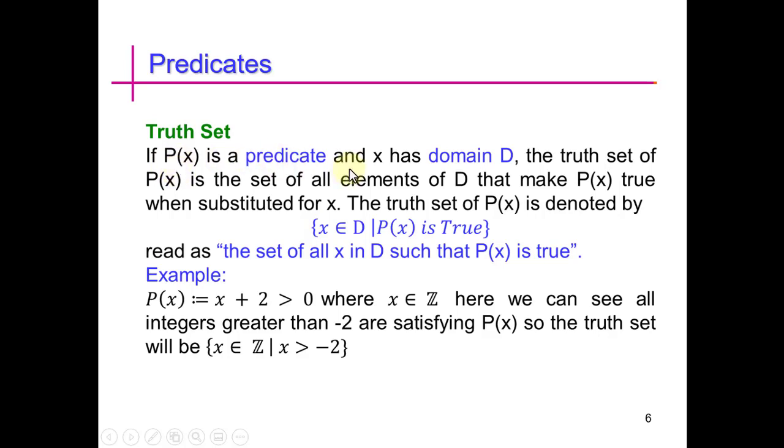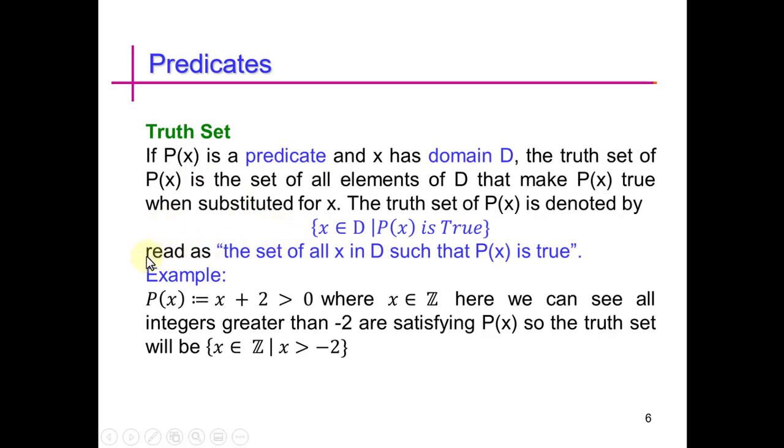So P(x) is a predicate and x has a domain D. The truth set of P(x) is the set of all elements of D that make P(x) true. And this set can be written as {x belonging to D such that P(x) is true}. So we are collecting all the elements from the domain D for which this predicate is true.